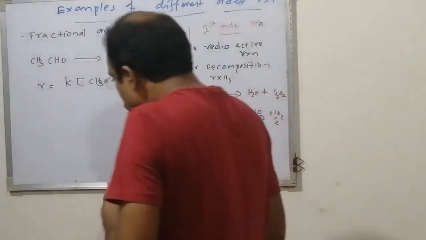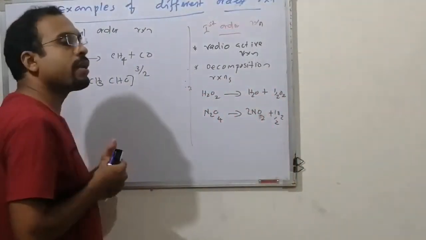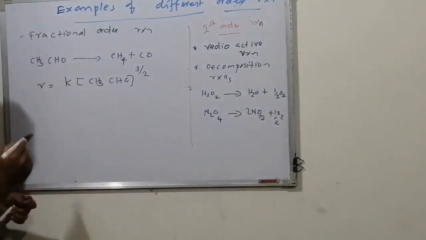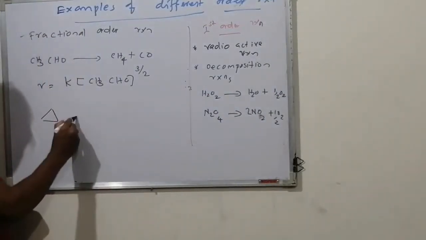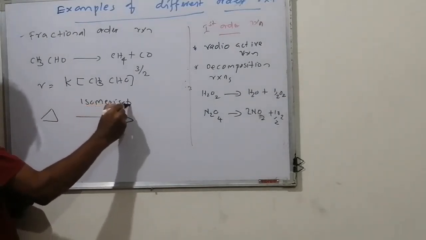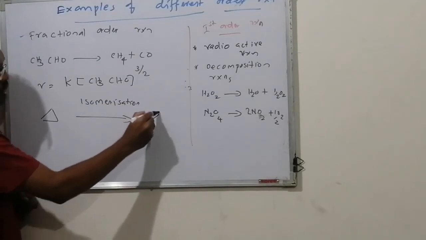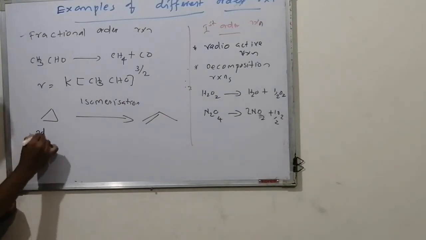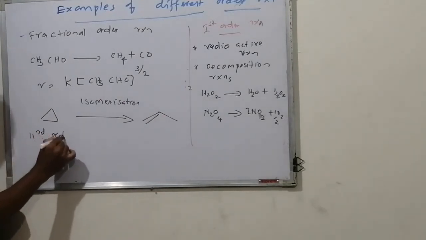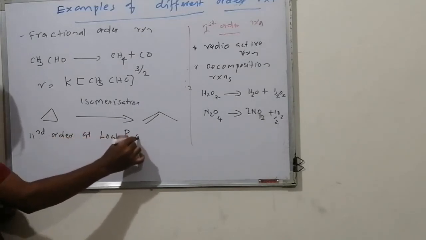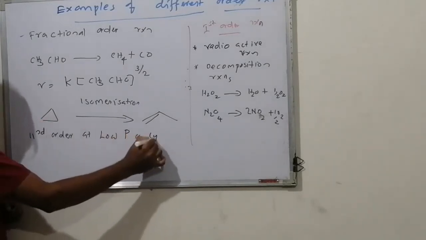Now I have said to you, when concentration or experimental conditions change, order changes. There is one example, a beautiful example. Isomerization of cyclopropane, you will get these products, propene. It is a second order at low pressure of cyclopropane.